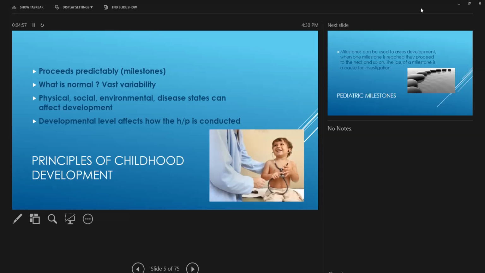We also want to take into consideration physical, social, environmental, and disease states, knowing that the physical, the social, and the environment are going to impact the child's development. We also want to think about that particular disease states can also affect development. And then the way that the H&P is designed is always going to correlate with the developmental level of the child, or even the developmental level and education level of the parent, right?